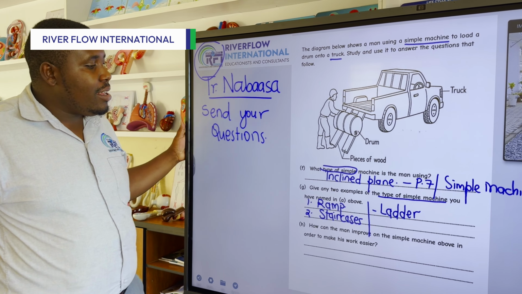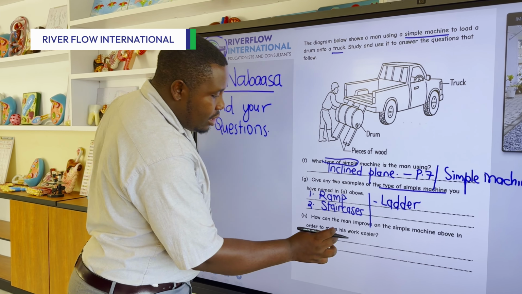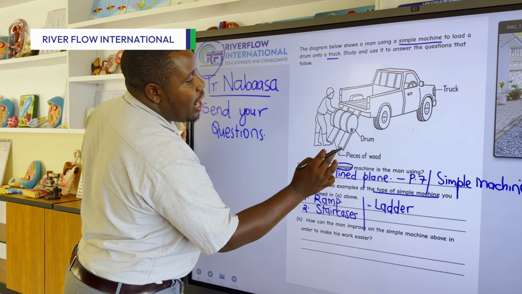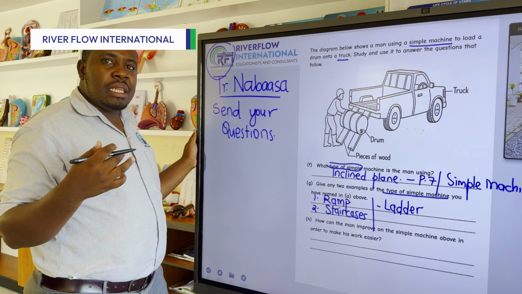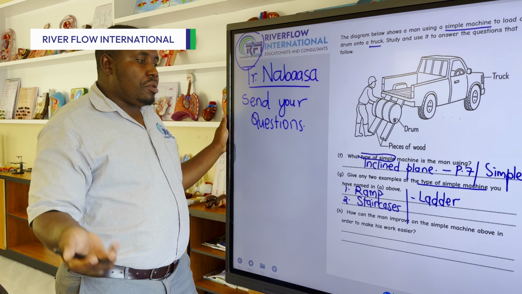How can the man improve on the simple machine above in order to make his work easier? Very simple. Number one, inclined planes reduce the amount of energy you need, but they increase the distance.